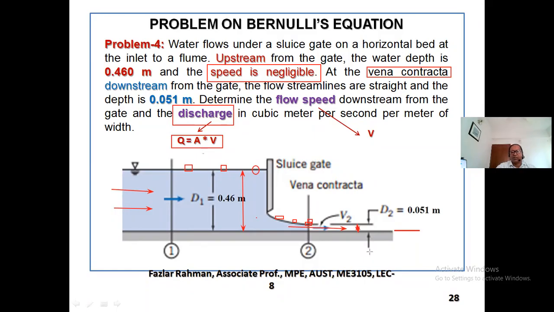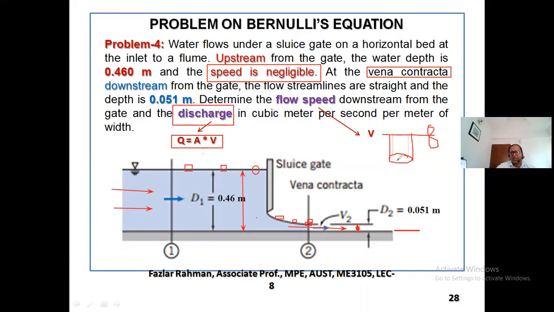Okay. Now, what is the vena contracta? If you look carefully, say you are taking a shower in the washroom, and you open the full gate of your tap. Say this is the mouth of your water tap, and you open it fully.